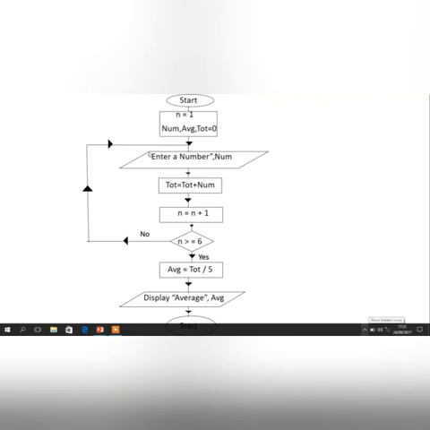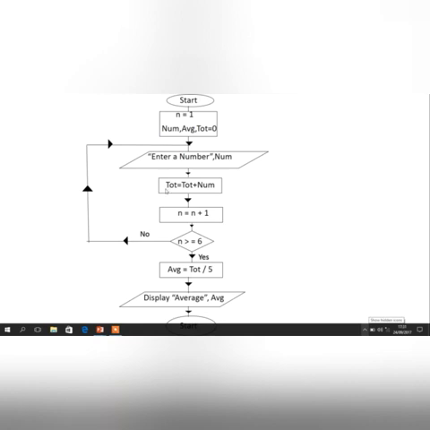So in the input we are supposed to enter a number. The shortened form is num. So let's say the number is 1. No, wait, let's say the number is 0 first of all.